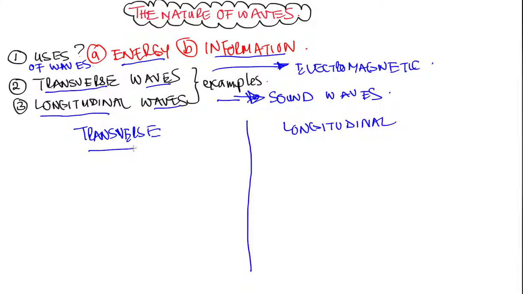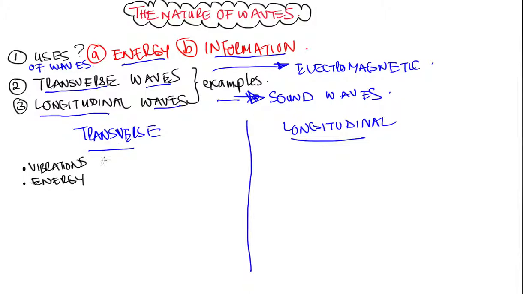So the way that transverse waves do that is, first of all, we know that there are two things to consider for a wave. One, it is vibrations of particles, and two, it is the direction in which the energy is moving.